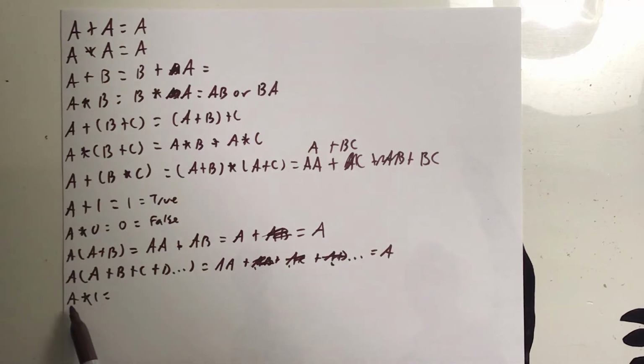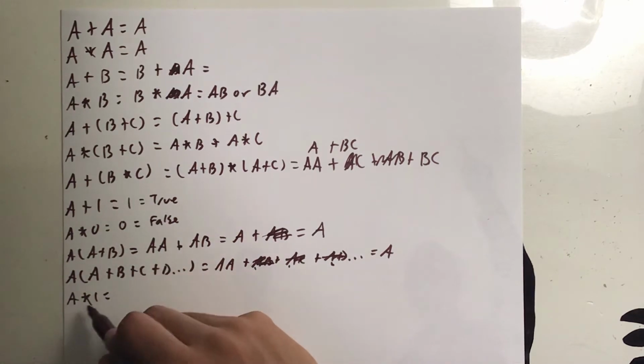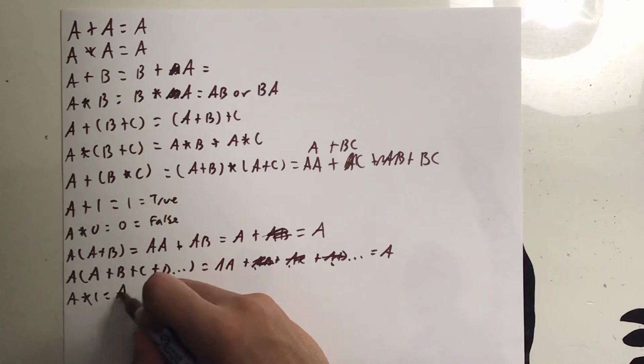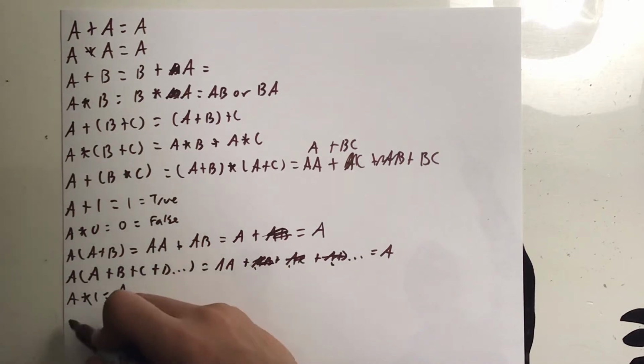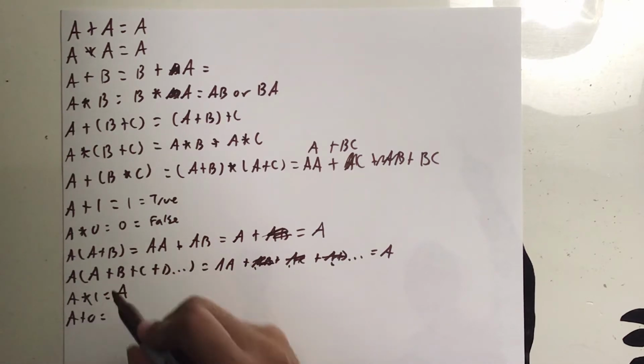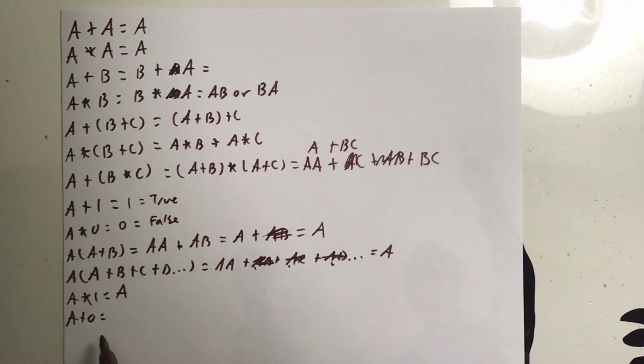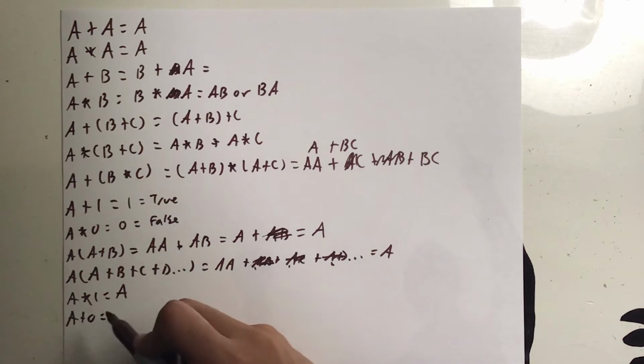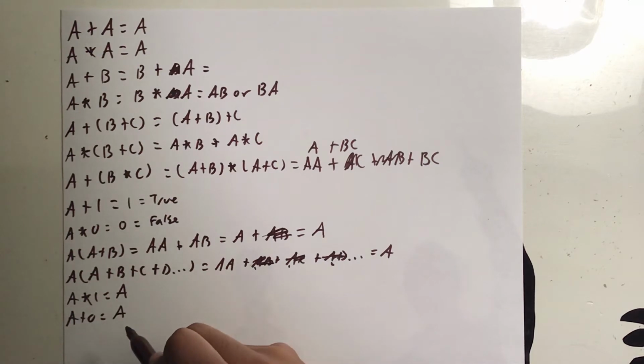So A times 1, or A and true, gives you A itself. And let's try A plus 0. True or false gives you true, and false or false gives you false. So it's still going to be A as well.